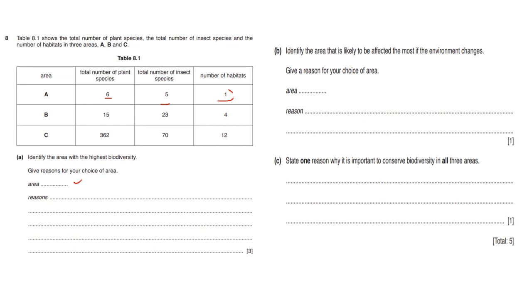We can also talk about aesthetic reasons, so things like botanical gardens and national parks are ways that we conserve, and so conserving them would be for aesthetic reasons. You can also talk about the fact that we maintain the genetic diversity in all 3 areas if we conserve the biodiversity. So I think I'm going to stop here.